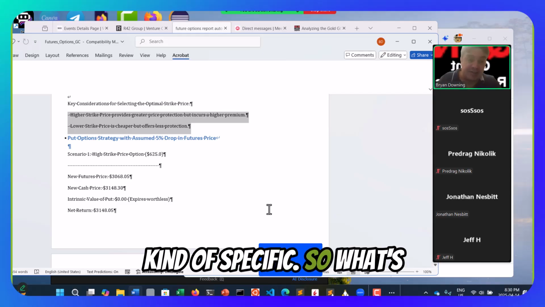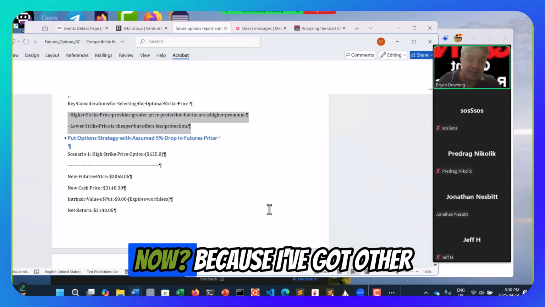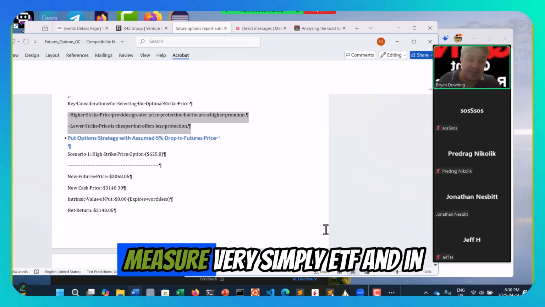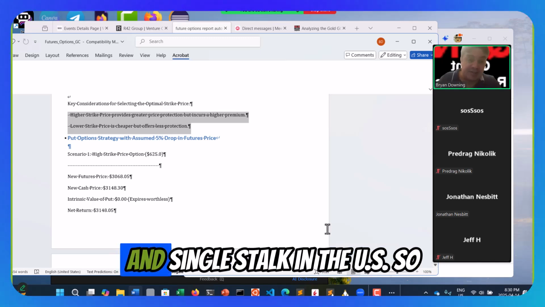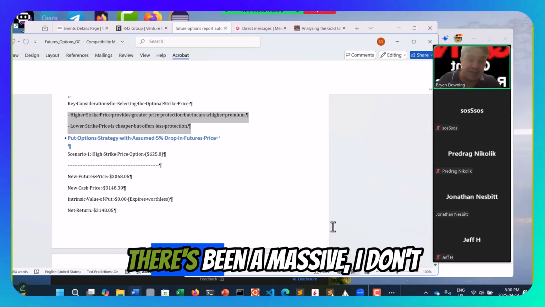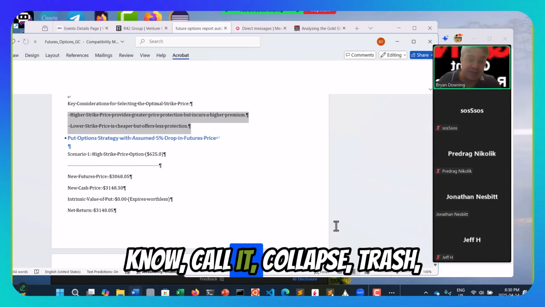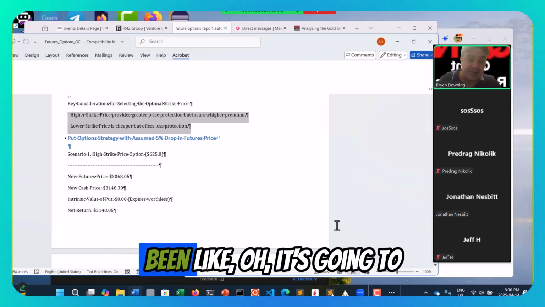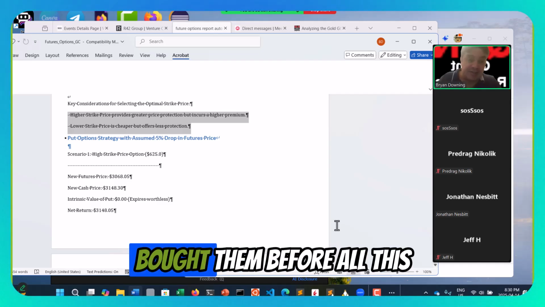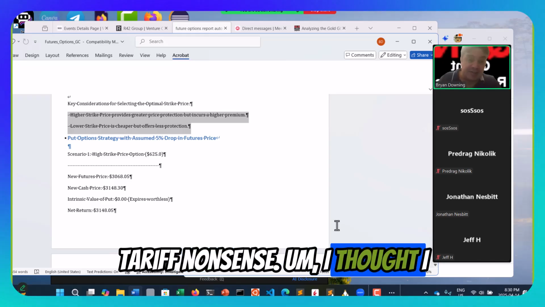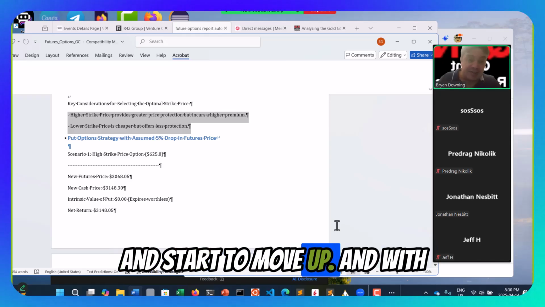So here's the report for the ES. This is kind of specific. What's happening in the markets right now? I've got other scripts I've run that measure, very simply, ETFs and single stocks in the US. There's been a massive, call it a collapse, a crash in the equities market. I thought it was going to bottom before all this tariff nonsense and start to move up.